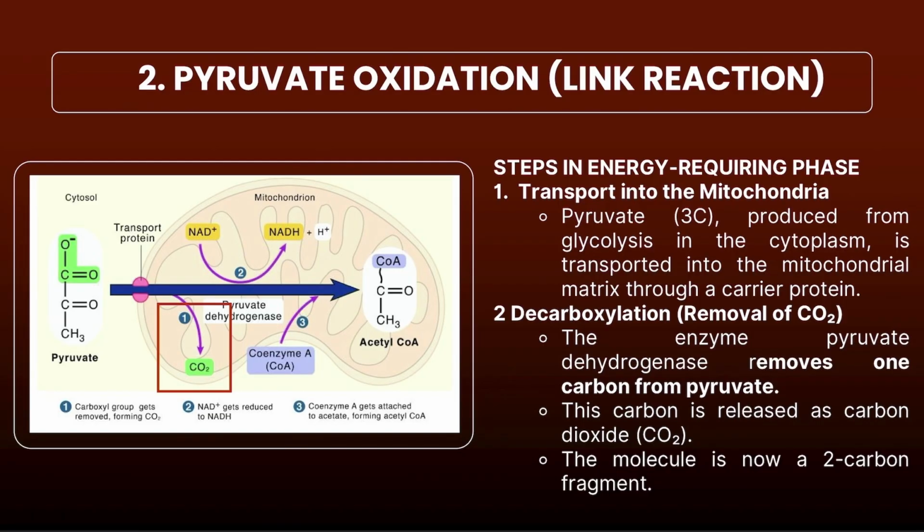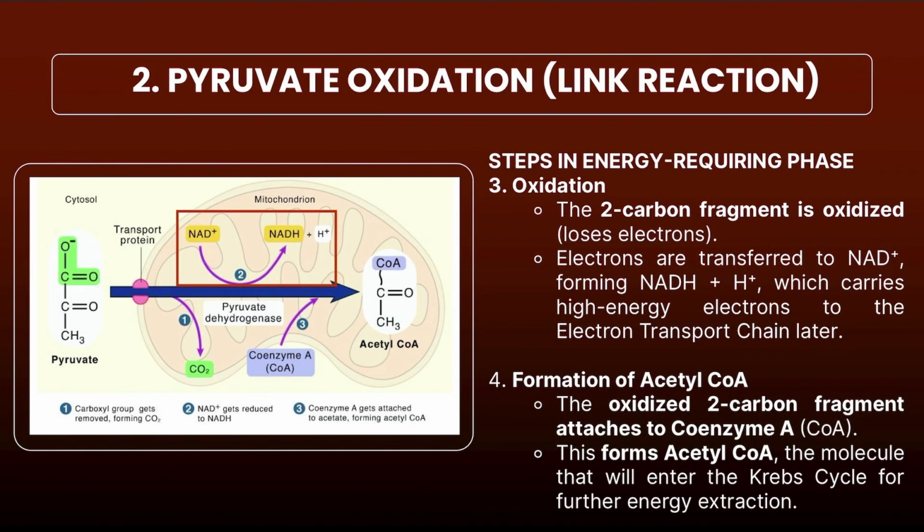When we say decarboxylation, it is the removal of carbon dioxide from the pyruvate by the enzyme pyruvate dehydrogenase. After this step, the pyruvate, which originally had 3 carbons, is reduced to a 2-carbon fragment.